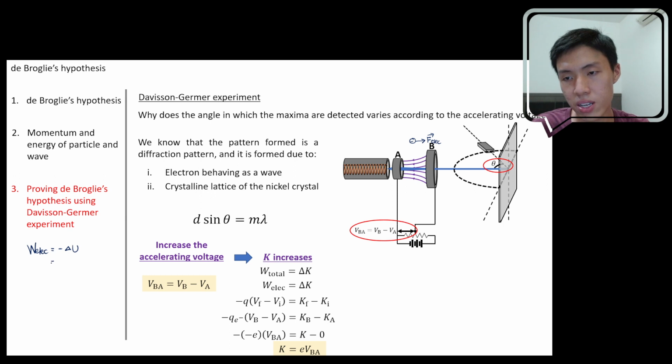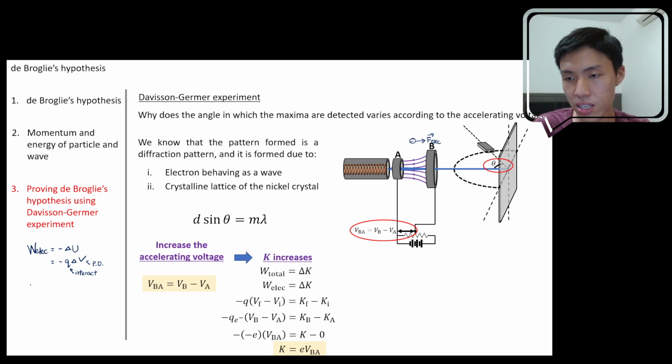And if we expand it, it equals negative Q delta V, where Q is the charge interacting with the electric field, or the charge moving through the potential difference, and delta V is the potential difference undergone by the charge that is moving. Okay, so this will be the work done by the electric force.